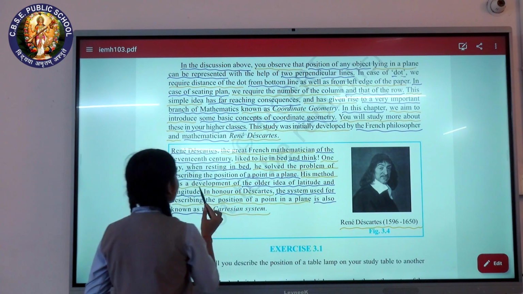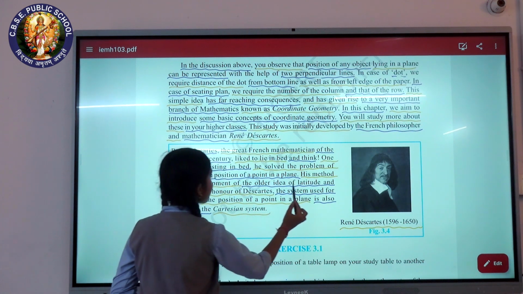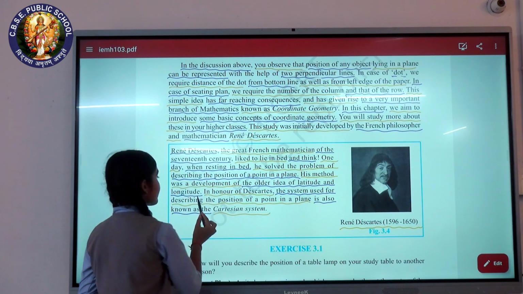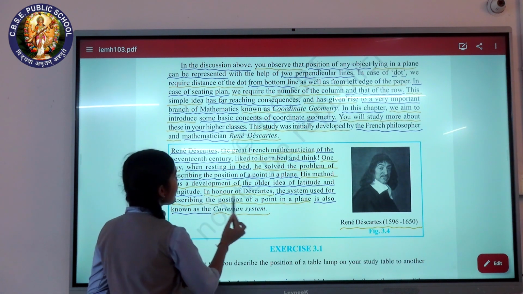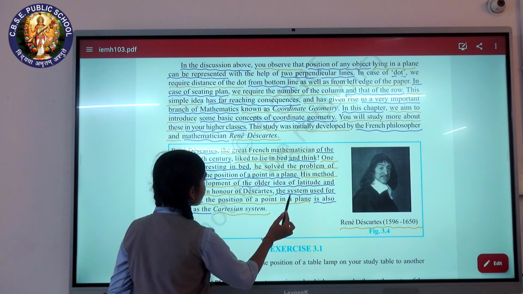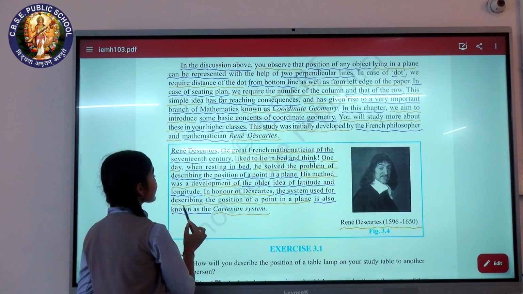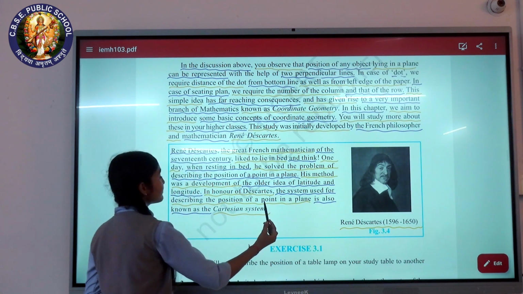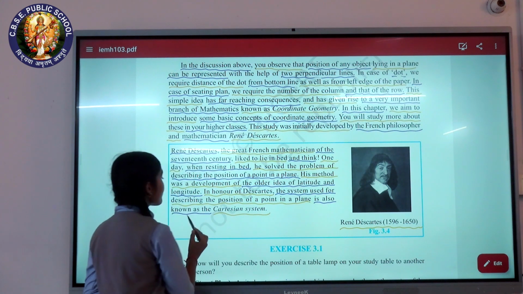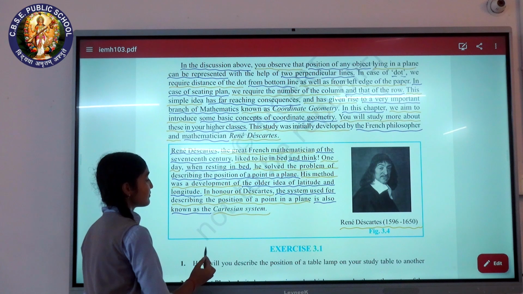His method was the development of the older idea of latitude and longitude. In honor of Descartes, the system used for describing the position of a point in a plane is also known as the Cartesian system.